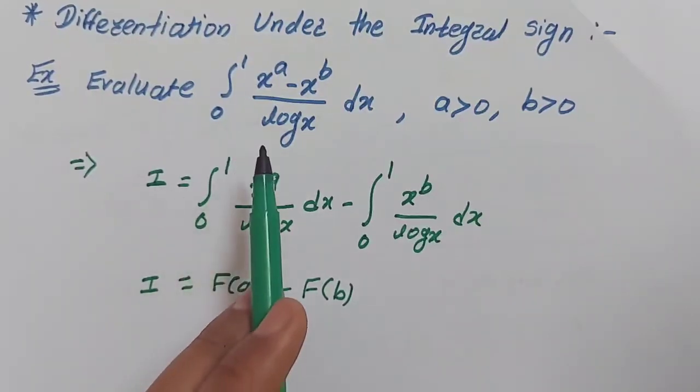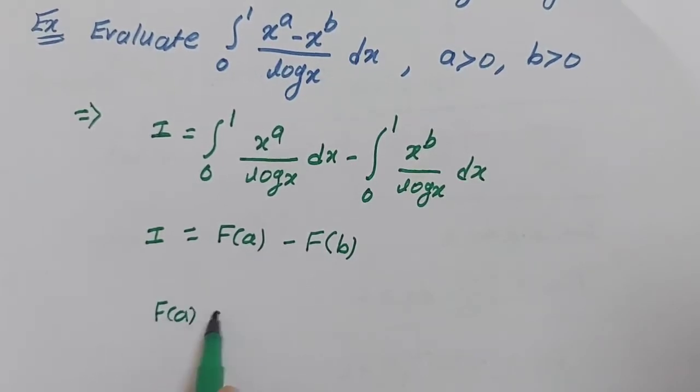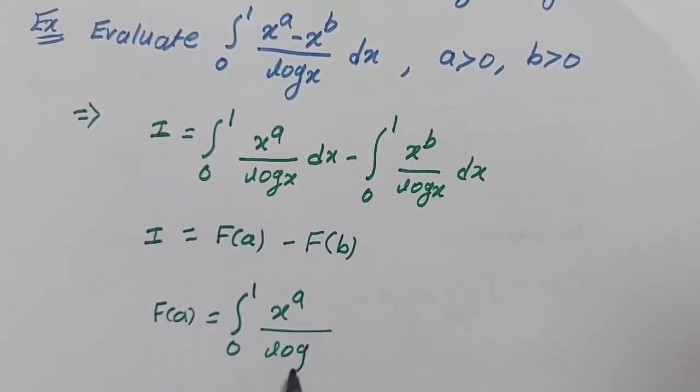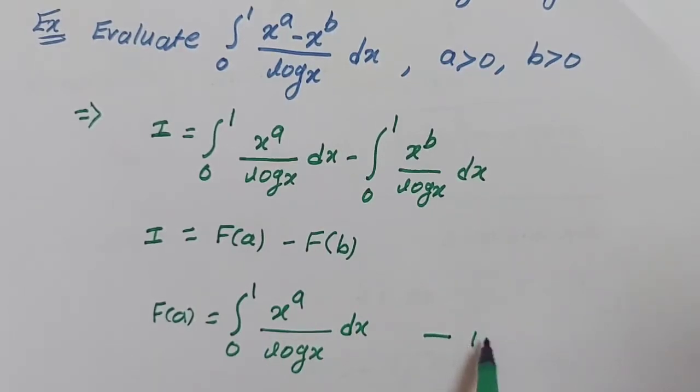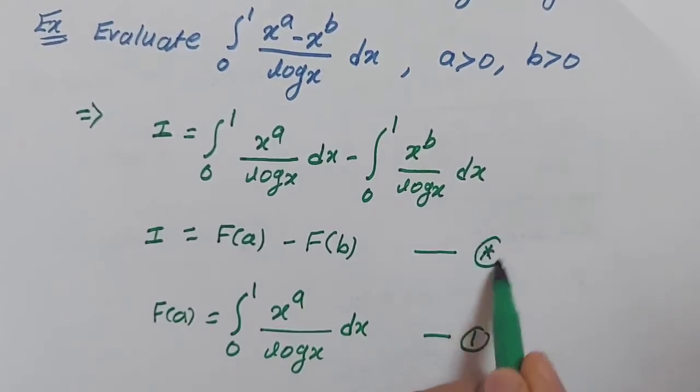Now see here, our F of a is the integral from 0 to 1 of x^a divided by log of x dx. Suppose it is equation number 1 and this is equation star.